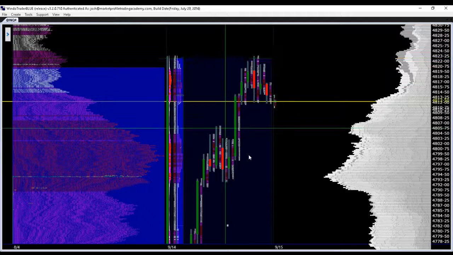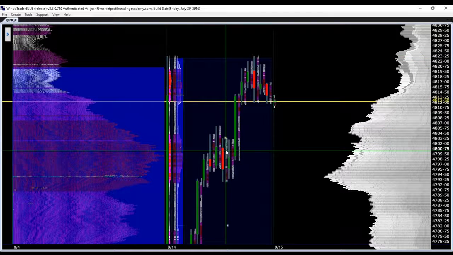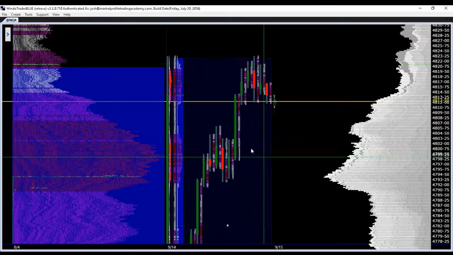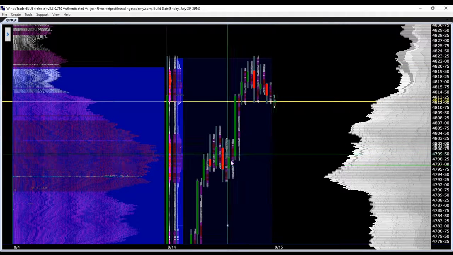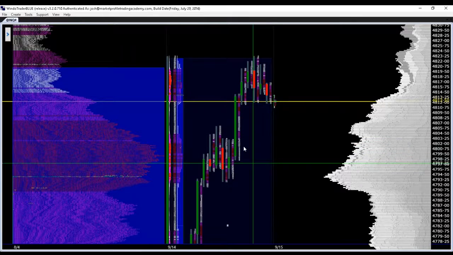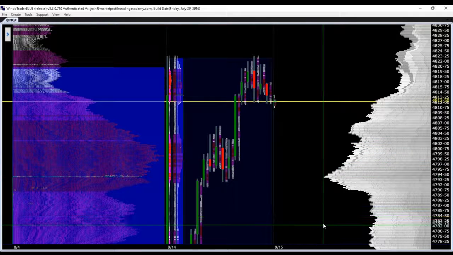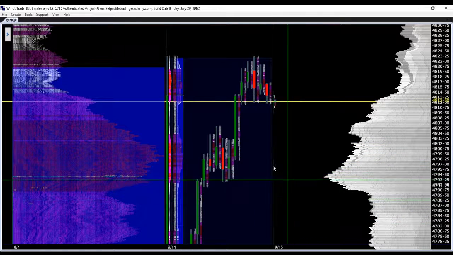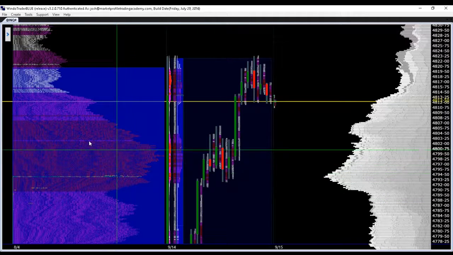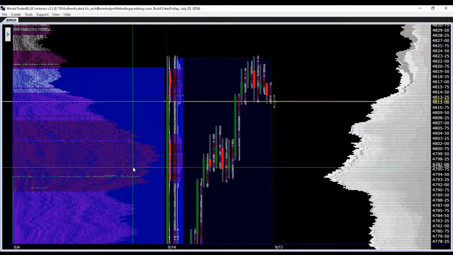Absolutely. But in terms of knowing whether I'm wrong or right, I look more at zones. As long as we're in this zone, I'm okay. If we break below that, then something's changed, and I'm going to do something different. So that's where I'm using profiling as a way to discern support and resistance areas.